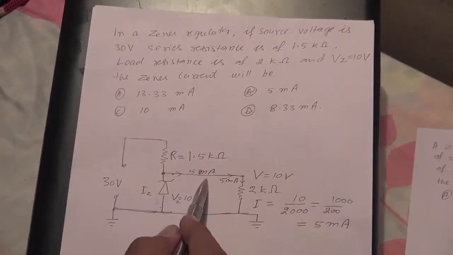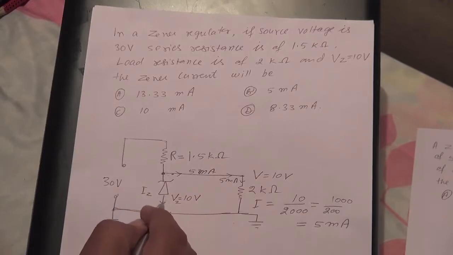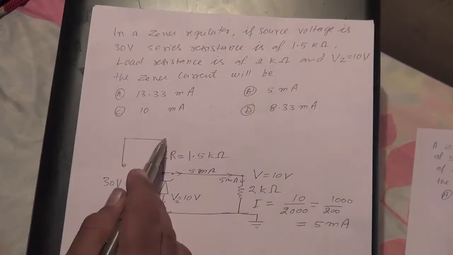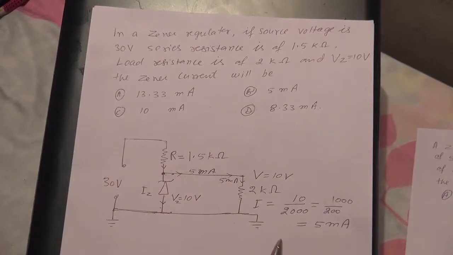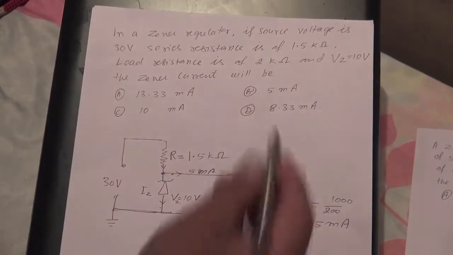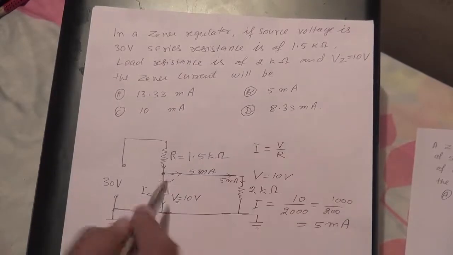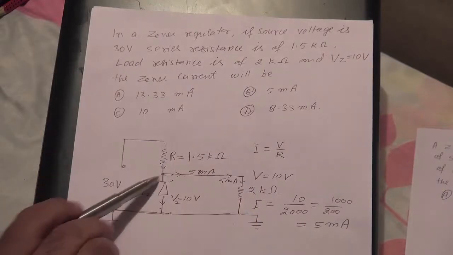Now this 5 milliampere in this direction, IZ in this direction, and these two currents are supplied by this. How much is current here? Can we find out? Answer is yes, we can find out. How? We know the formula, I is equal to V upon R. How much is V here? We know, because this is fixed.